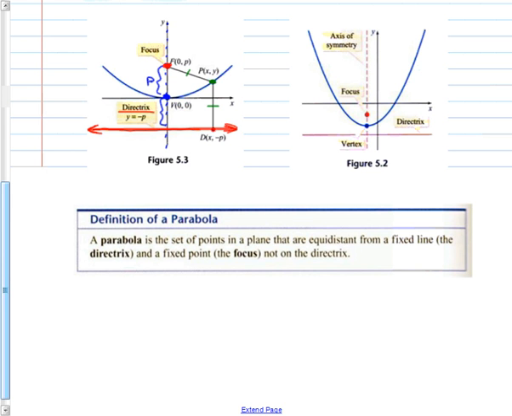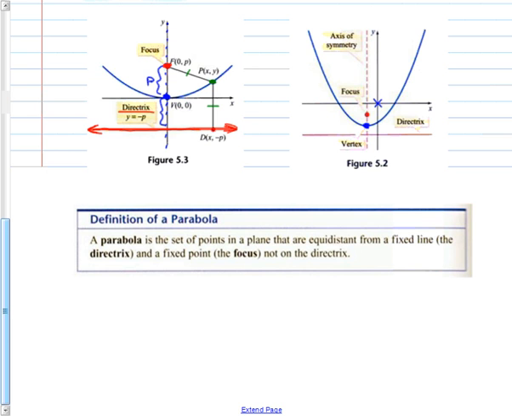So the distance down here from the vertex to the directrix is negative P. It's just in the opposite direction. So this directrix line is the line y equals negative P. It's the opposite distance, same length. We can move these vertices around, but we will start with our vertex right on the origin. That's the one that they have right over here.